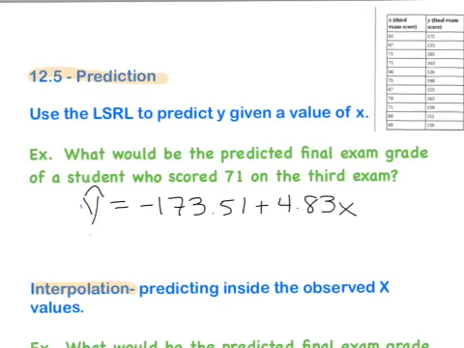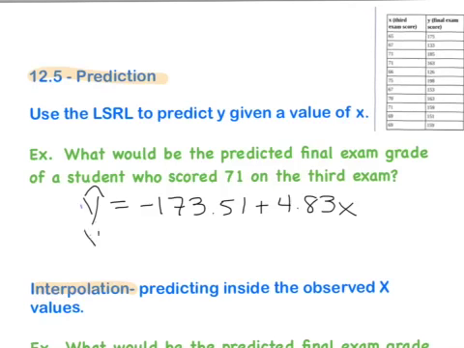What we'd like to do is predict the final exam grade of a student who scored 71 on the third exam. You'll notice that I have 3 students that did score 71, and we have their grades right here: 185, 163, and 159. Those are the actual observed scores. We want to figure out the predicted score based on our least squares regression line.